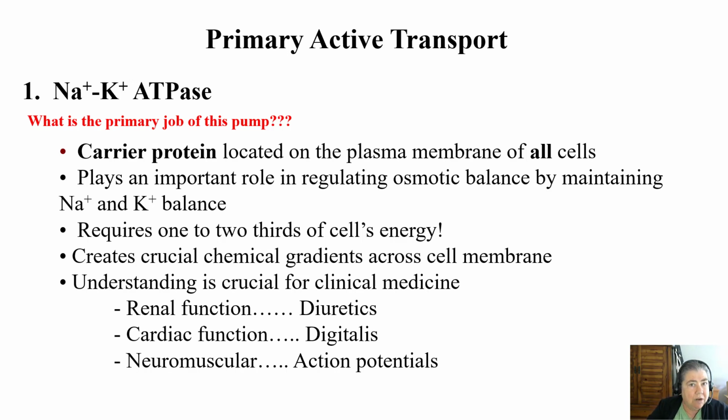It's extremely important in the heart, and it helps us understand how certain heart medicines, particularly the digitalis compounds, work. And it's extremely important in the neuromuscular system, and helps us understand action potentials, how we create the movement of electrical signals along nerves and muscles, causing muscle contraction.